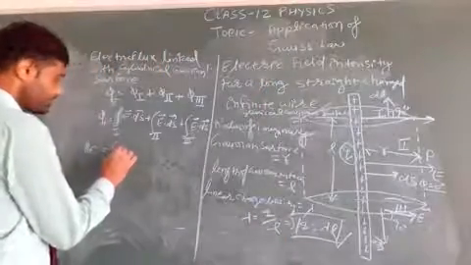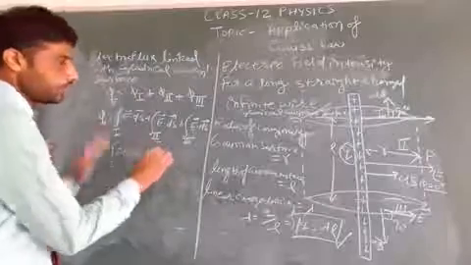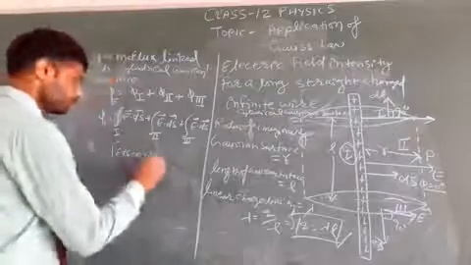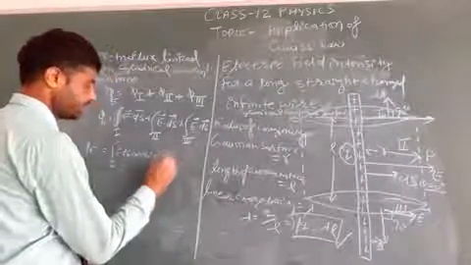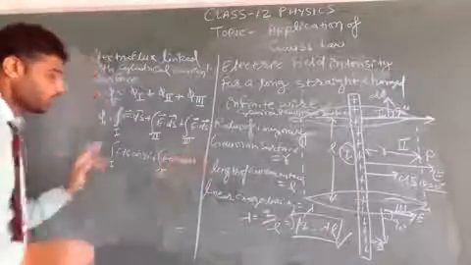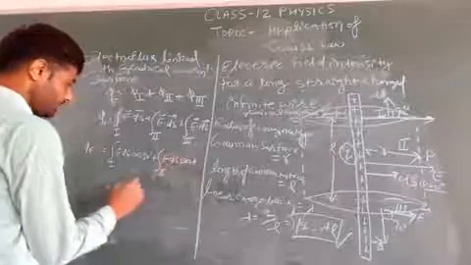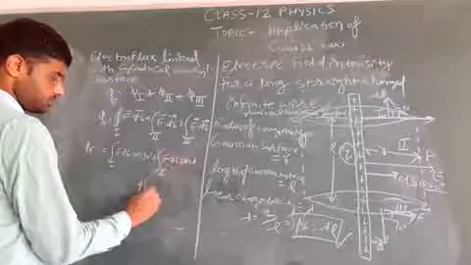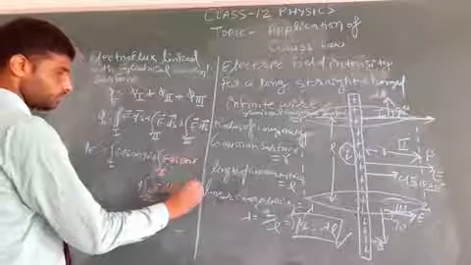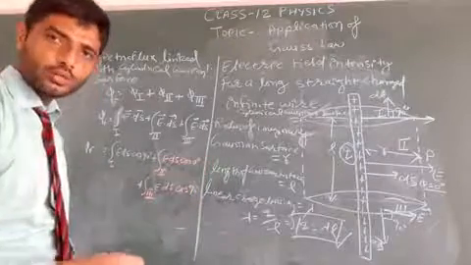So E ds cos 90 for the first surface, second E ds cos 0 for the second surface, and E ds cos 90. So I hope you understand.